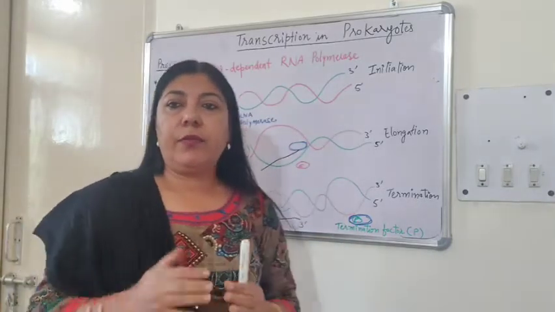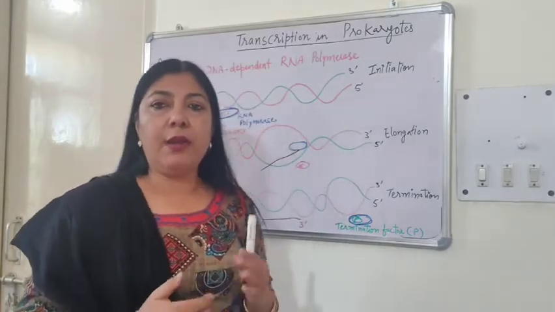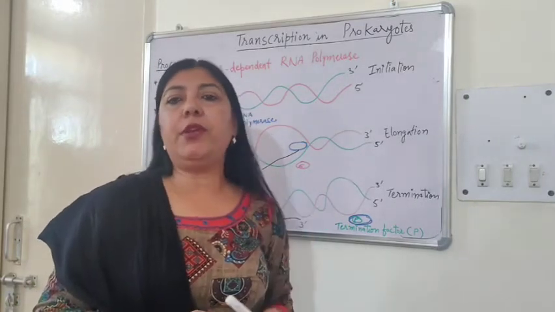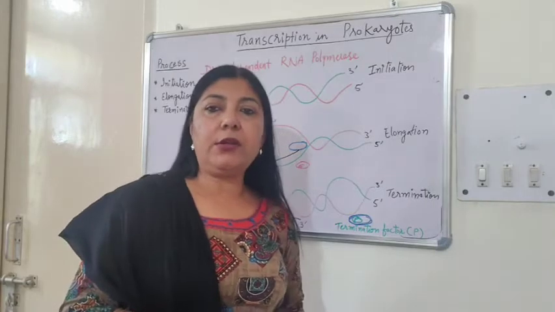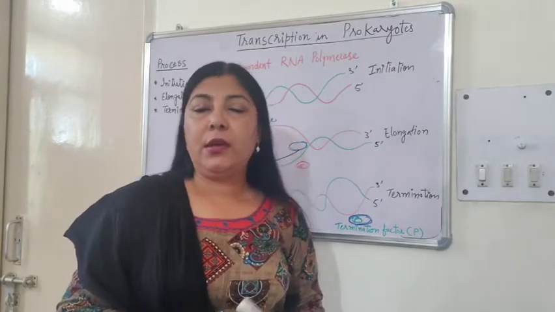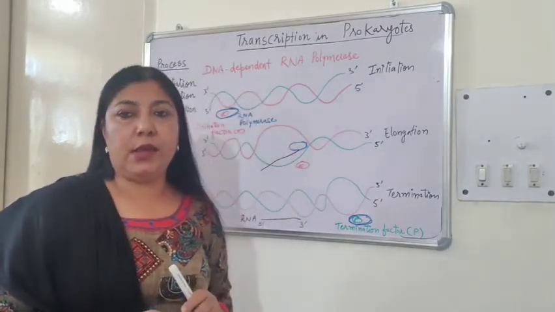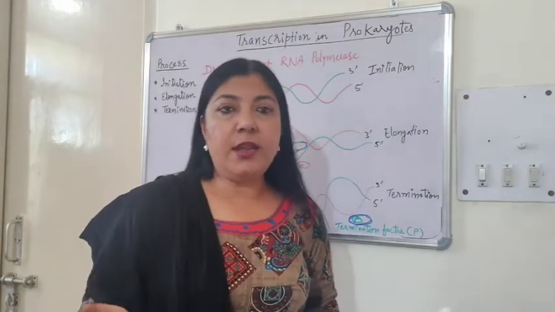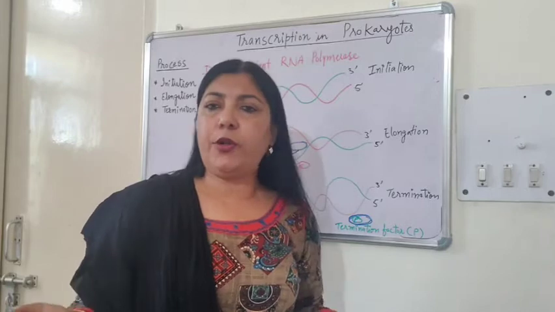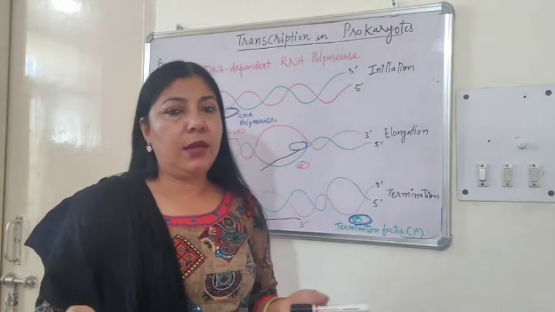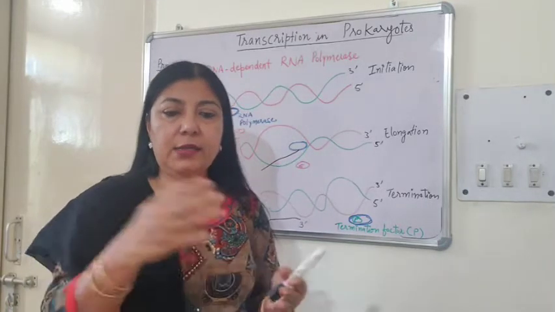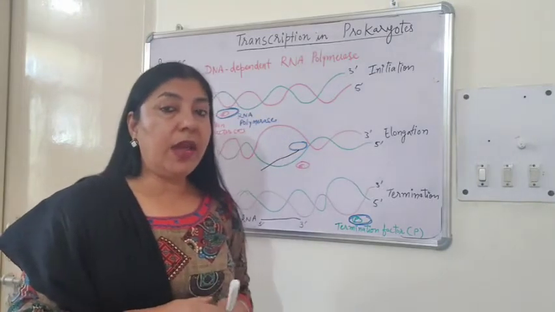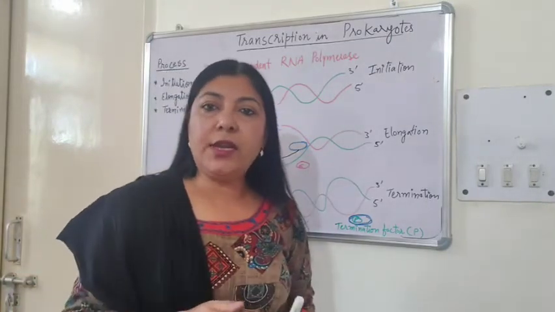Before studying eukaryotic transcription, I must tell you there is a difference in the transcription unit of prokaryotes and eukaryotes. The main difference is, in prokaryotes, since there is no nucleus, all the process takes place in the cytosol, that is in the cytoplasm. But in eukaryotes, there is a nucleus.